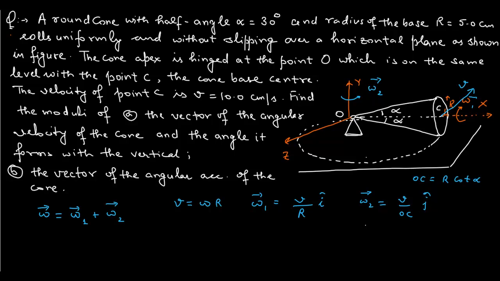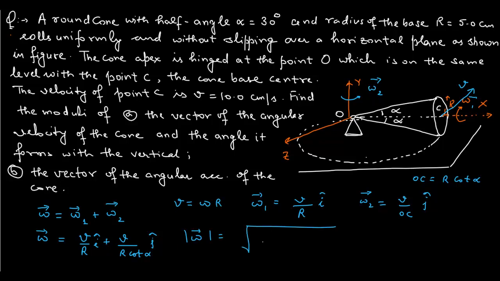So from here we have omega equal to v by r i cap plus v by r cot alpha j cap. Clear? So this is the angular velocity, and what we have to find is the modulus of this angular velocity vector.